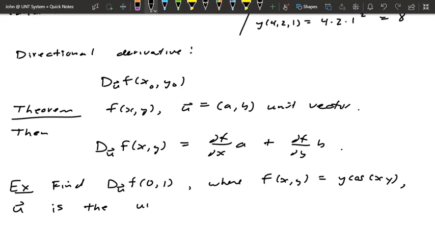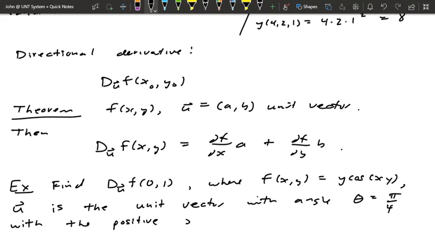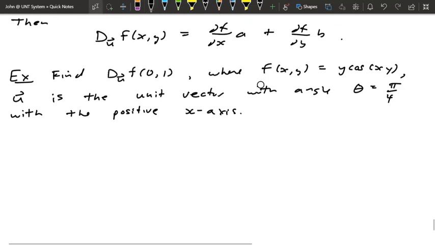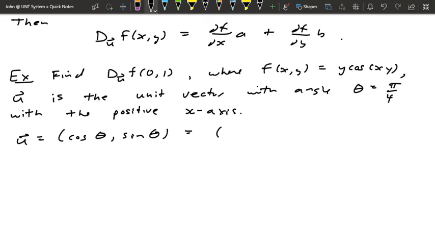Now the directional derivative, you're always going to take it in the direction of a unit vector. Okay, so u is going to be equal to cosine theta, sine theta. In this case, theta is pi over 4, which means the components of u are root 2 over 2.